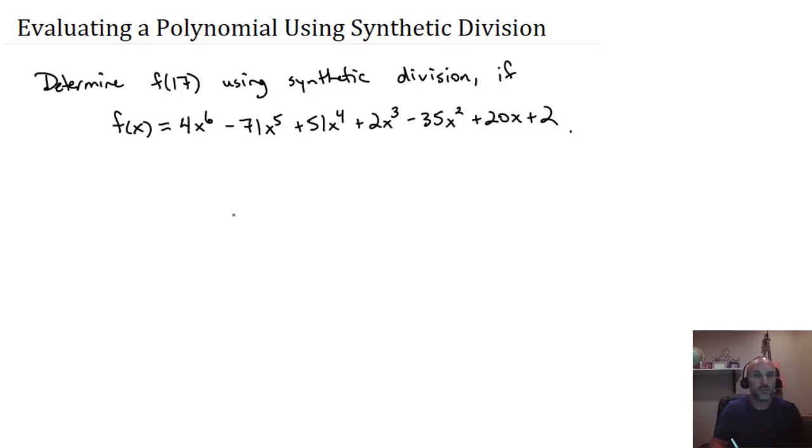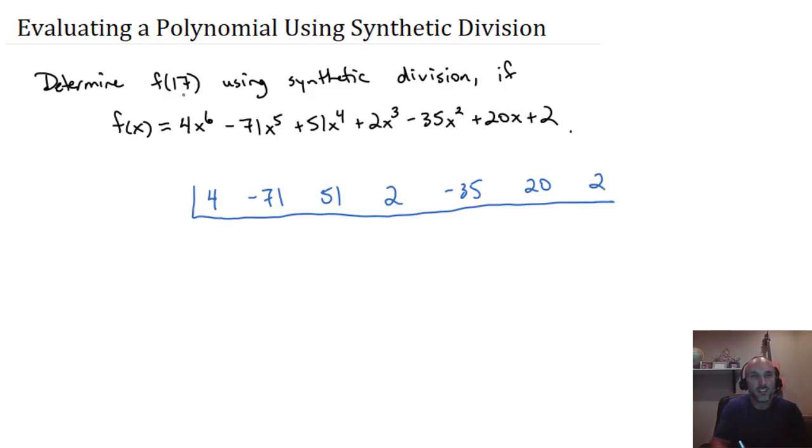So all you do is you take the function itself, you take that like it's a dividend in synthetic division. So we have 4x to the 6th, negative 71x to the 5th, positive 51x to the 4th, positive 2x cubed, negative 35x squared, positive 20x plus 2. No missing terms, no zero placeholders.